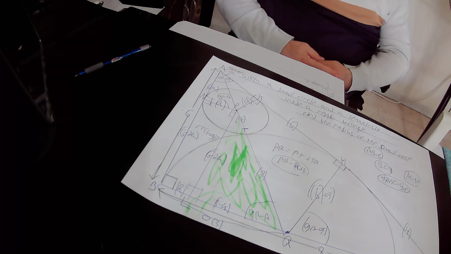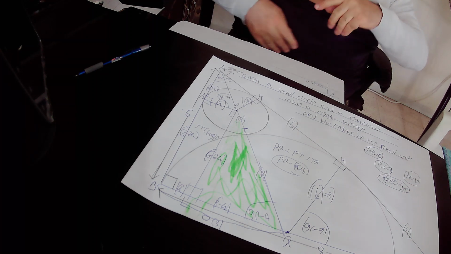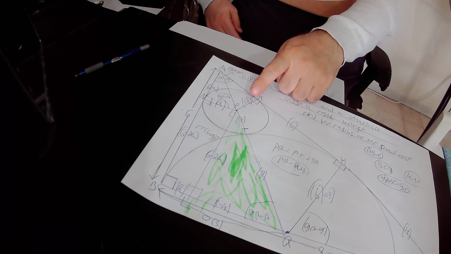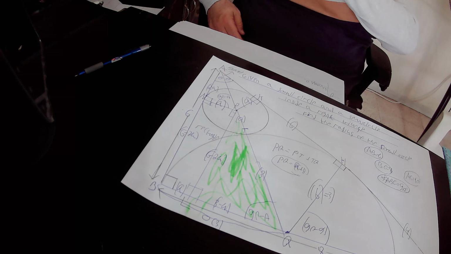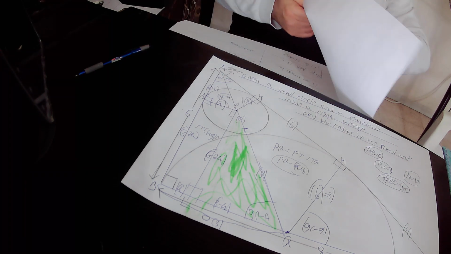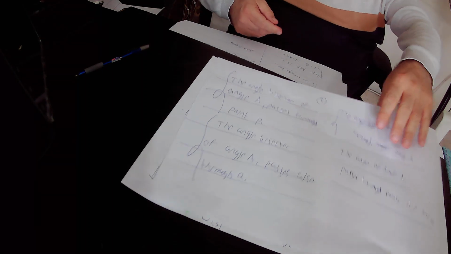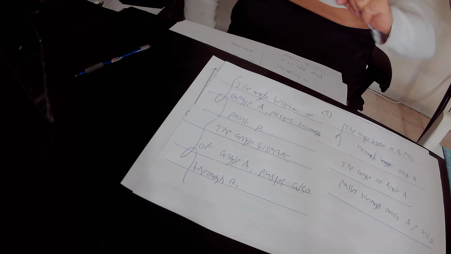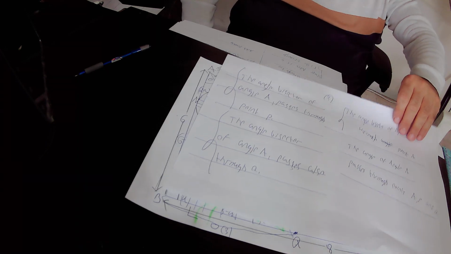According to rule 15, the angle bisector of angle A must pass through point B, that is the center of this small circle.